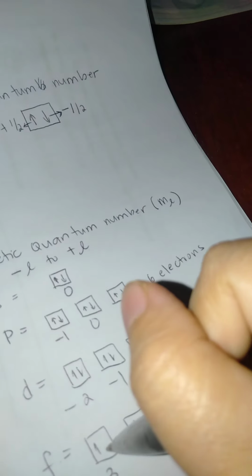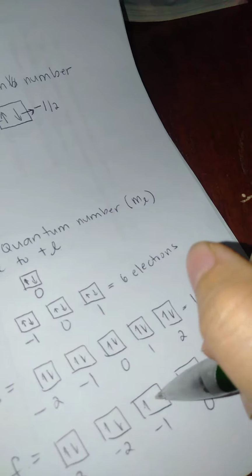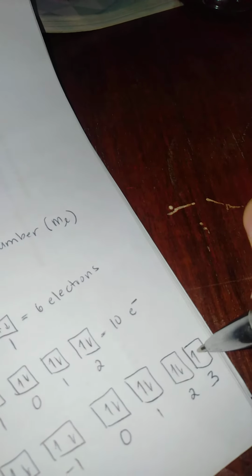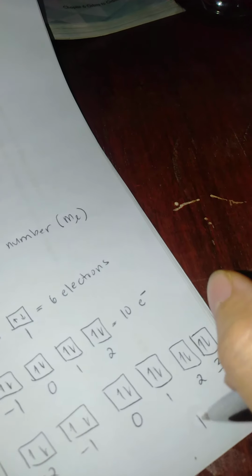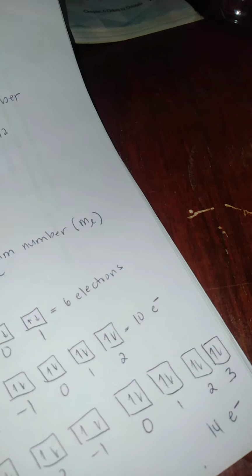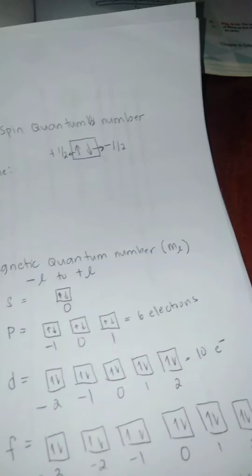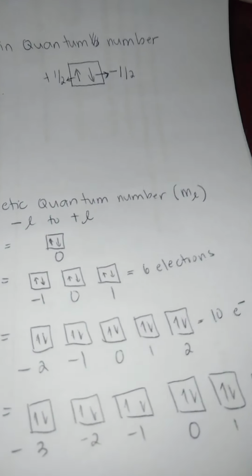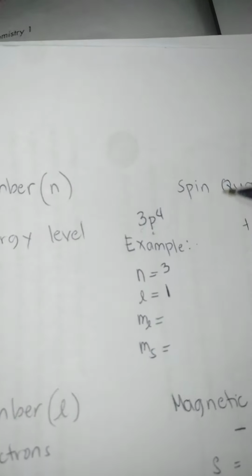And then go back, 8, 9, 10, 11, 12, 13, and then 14. So 14 electrons. So that's how you will get the magnetic quantum number. Let's go back to our example.